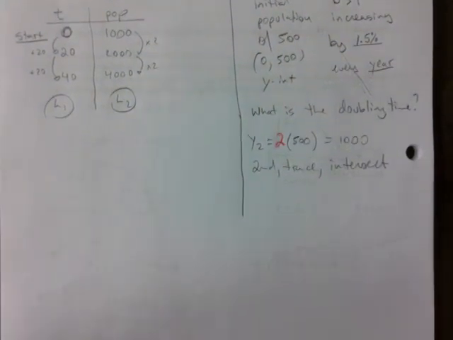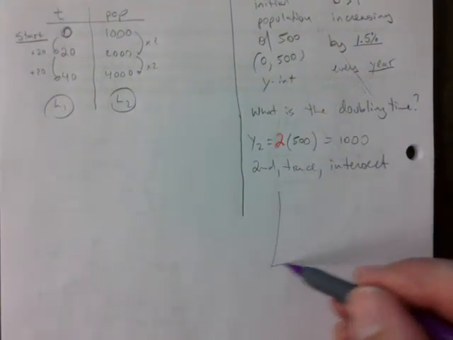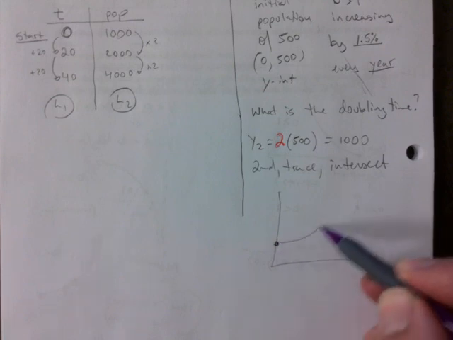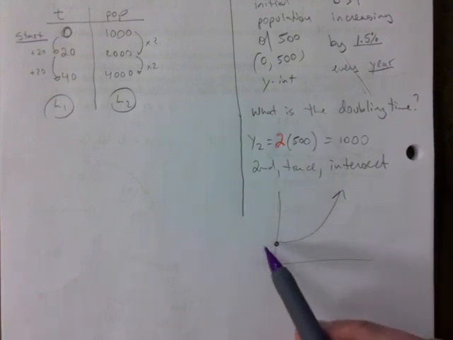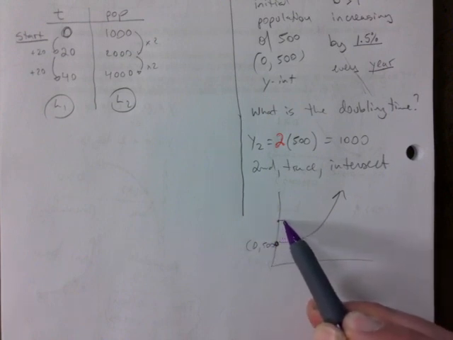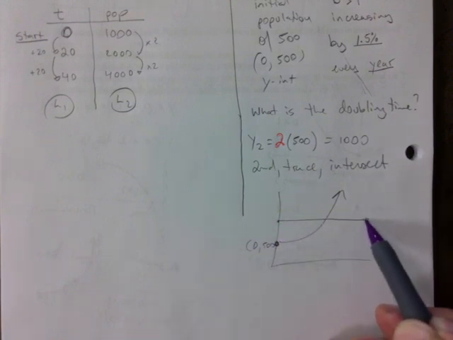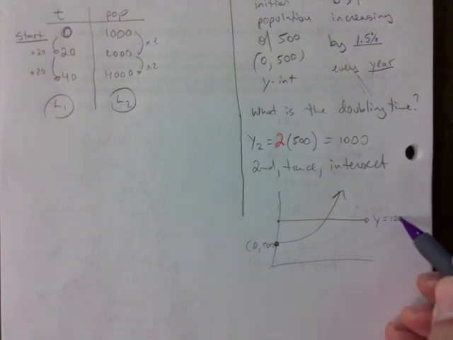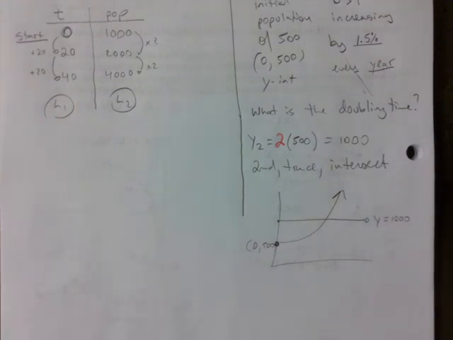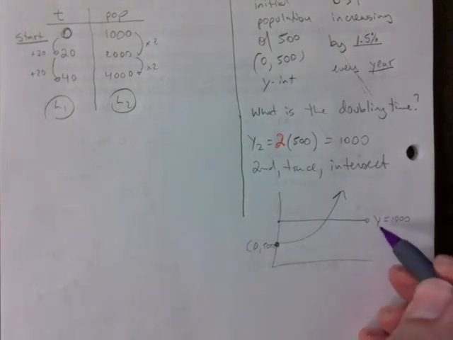So you're essentially finding, if this were the graph and it starts here at 500 and it does this, this is 0, 500, you're going to go to 1,000 and draw this line. If your initial population is 20,000, then you would go times 2, 40,000. So this is the 1,000 line.